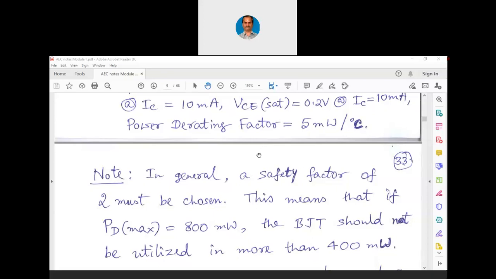That means if my maximum capacity of lifting a load is 100 kg, I should not keep on lifting a load of 100 kg on a daily basis. I can safely lift a load of 50 kg on a daily basis. That is how this is worked out. It is a thumb rule. Any device has to be used at half of its maximum rating for a longer life.